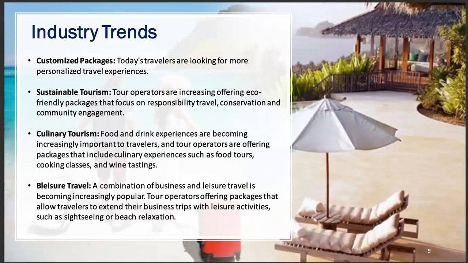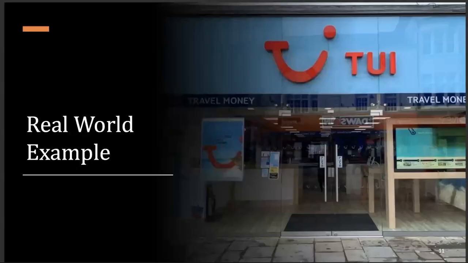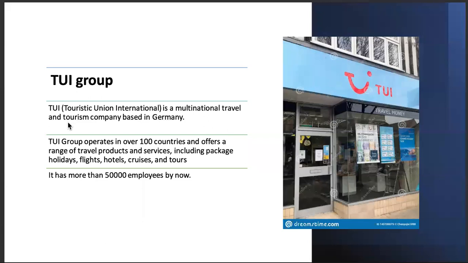Then let's look at a real life example so that you better understand what I'm talking about. The real life example is based on a company called TUI. TUI Group, or Touristic Union International, is a multinational travel and tourism company based in Germany, which operates in over 100 countries and offers a range of travel products and services, including package holidays, flights, hotels, cruises, and tours.